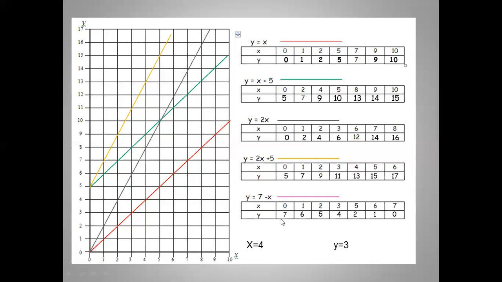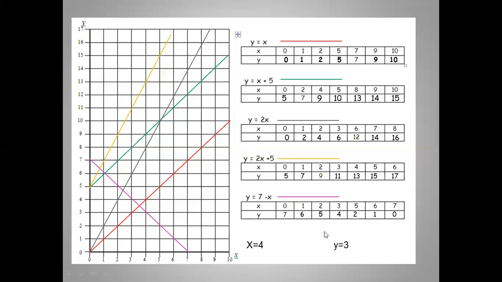So I got the points. I started from (0, 7), so I started from here, and then (1, 6), and then here, (2, 5), then here. So the line is going to be in the opposite direction, like this.